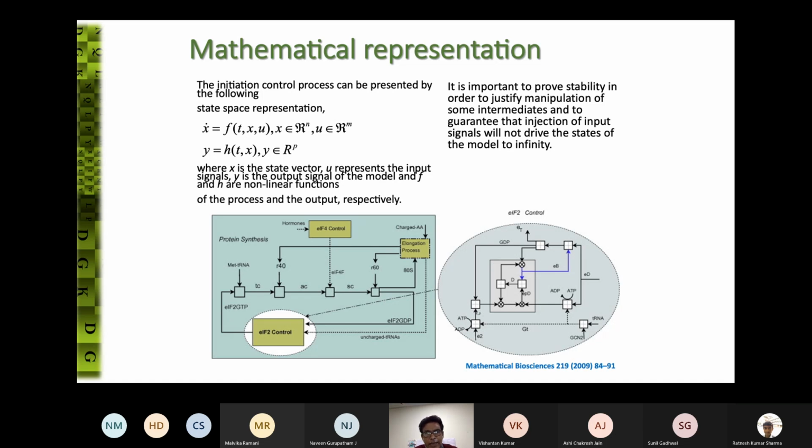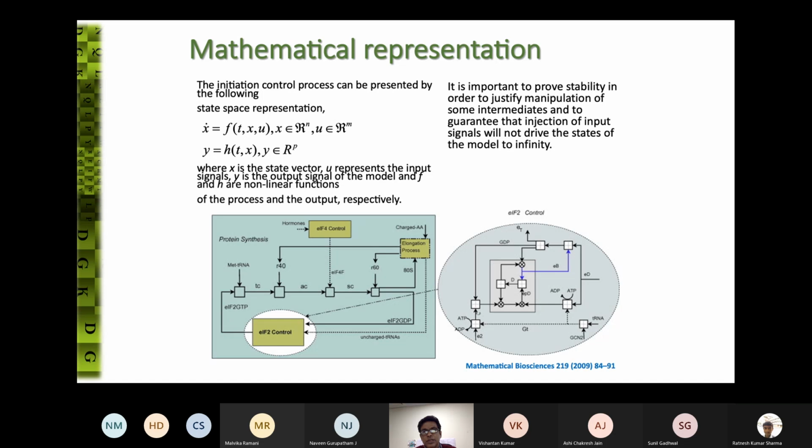You have a state which is changing with respect to time, and that is dependent upon time, upon the states, and upon the inputs that are there in the process. This is n dimensional, that means there are n components of the vector of the states. There are m components of the vector of the inputs, and then this is what you're measuring.